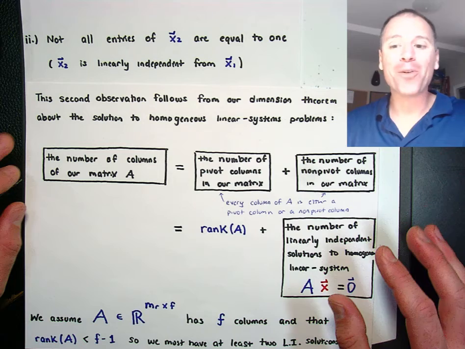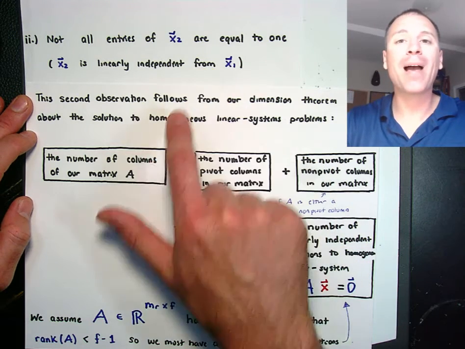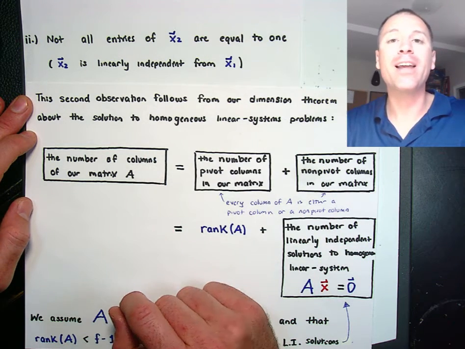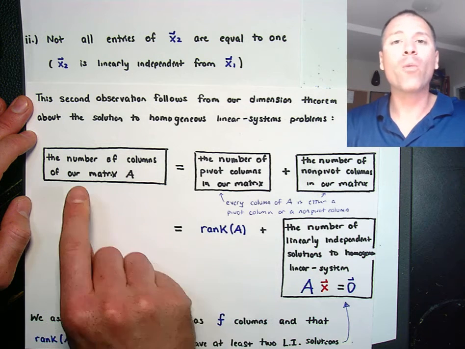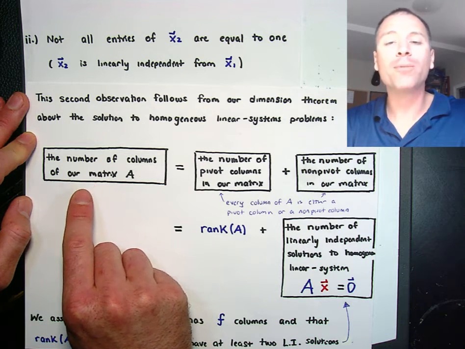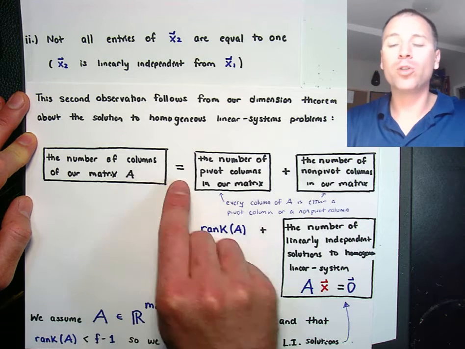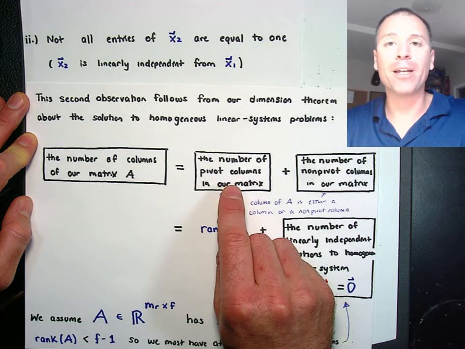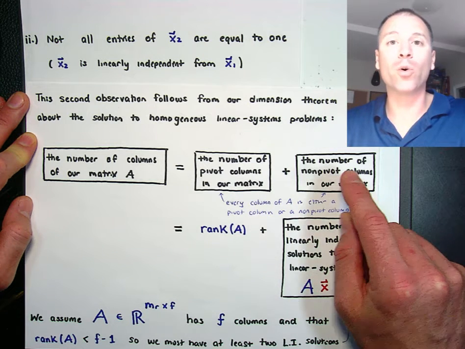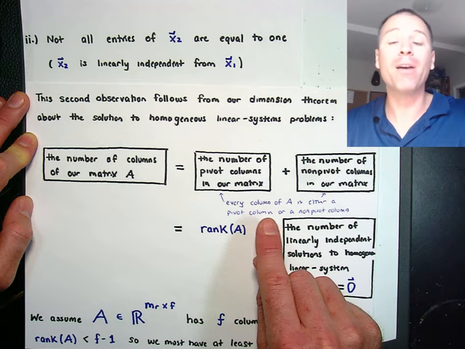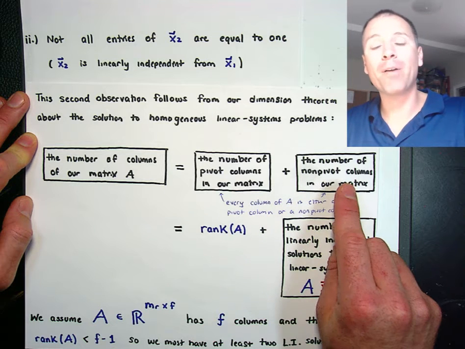As a friendly reminder, the reason that we can make this conclusion refers back to a theorem that we studied when we studied solution sets for general linear systems problems. Remember that we said that the number of columns of our matrix A is equal to the number of pivot columns in that matrix plus the number of non-pivot columns. In other words, every column is either a pivot column or a non-pivot column.